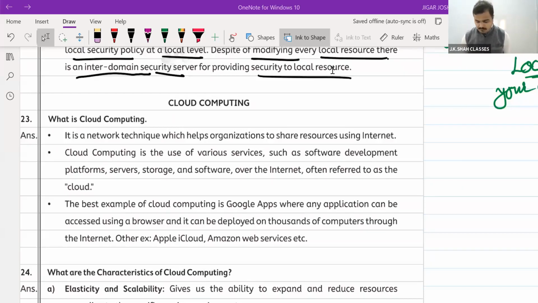Sir, we don't know. We know only cloud, but we don't know where exactly the cloud is. Agree with me? Yes, sir. Gmail, people. Can you access Gmail from anywhere in the world by using internet? Yes, sir. But can you please tell me where exactly your Gmail account is? Sir, don't know, sir. Okay.